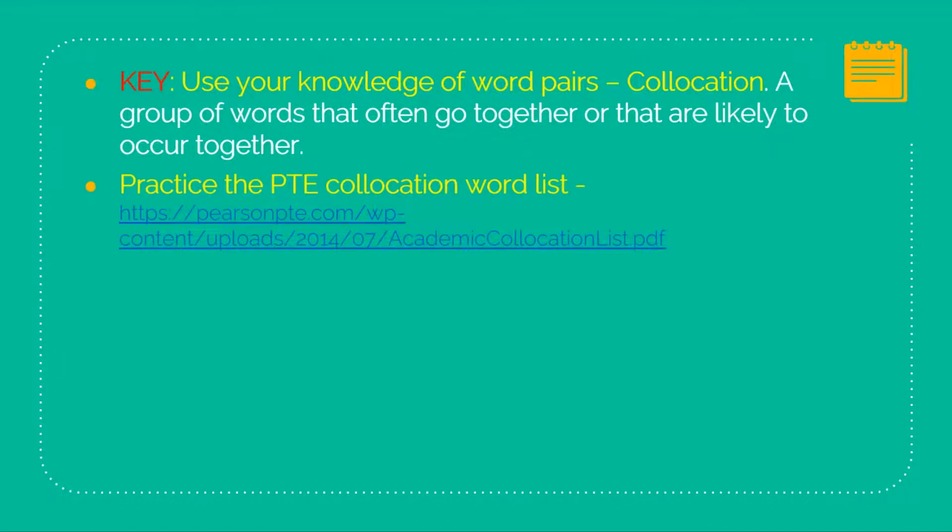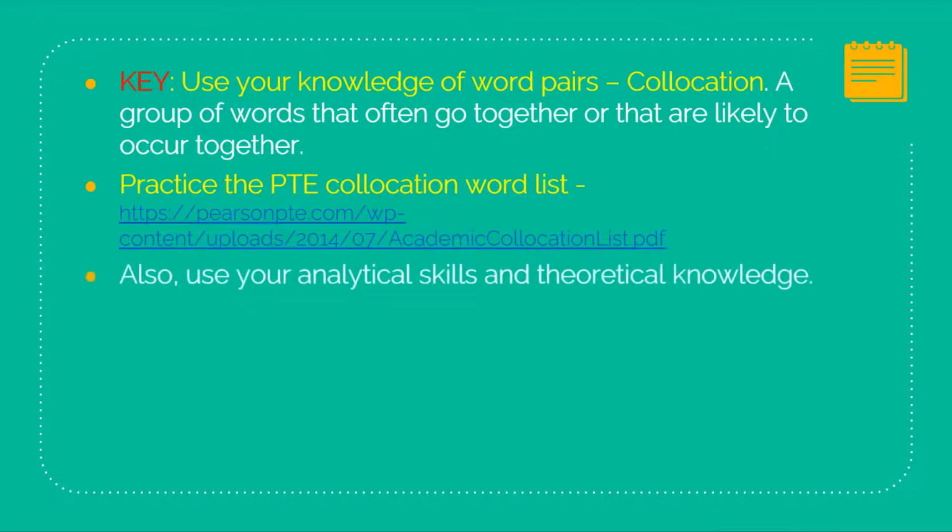This will not only help you in this task, but also in the reading and writing fill in the blanks task. So download the PTE official collocation word list from the link given in the video and also in the description to practice and learn. Please feel free to use your analytical skills and theoretical knowledge about the topic discussed in the passage to select the correct answers.